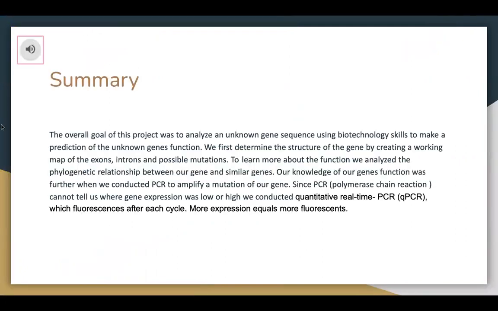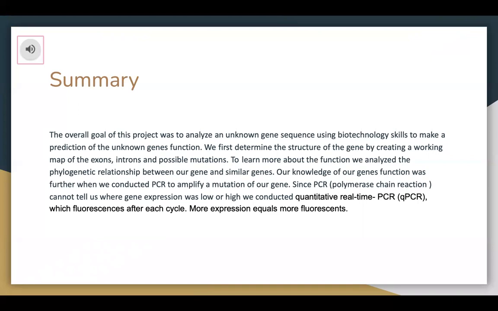The overall goal of this project was to analyze an unknown gene sequence using biotechnology skills to make predictions of the unknown gene function. We first determined the structure of the gene by creating a working map of exons, introns, and possible mutations. To learn more about the function, we analyzed the phylogenetic relationship between our gene and similar genes.